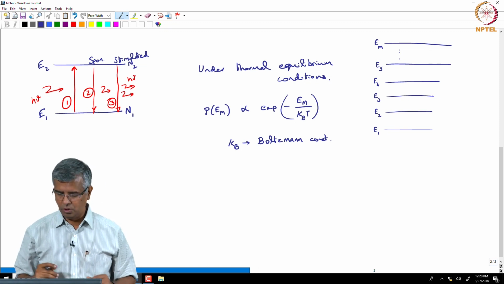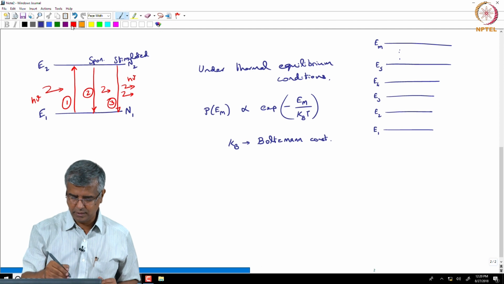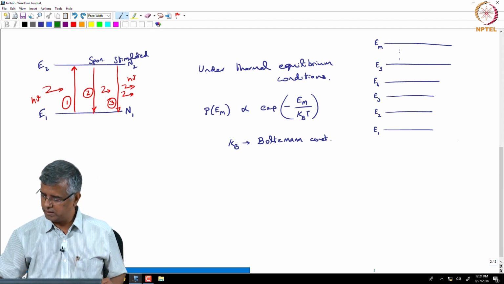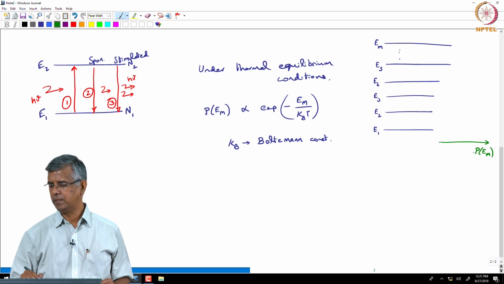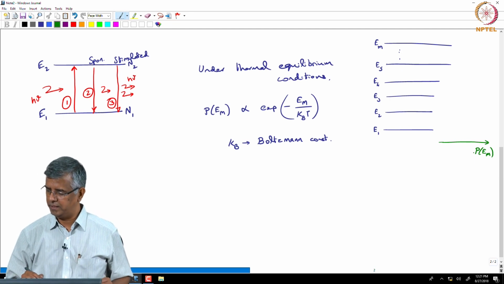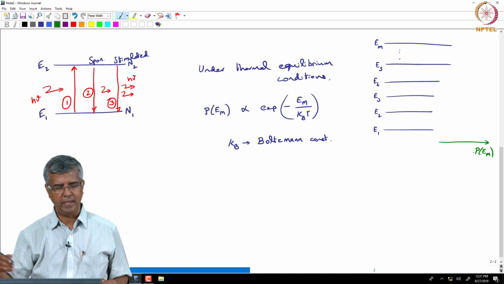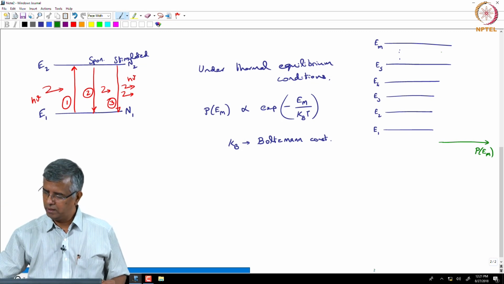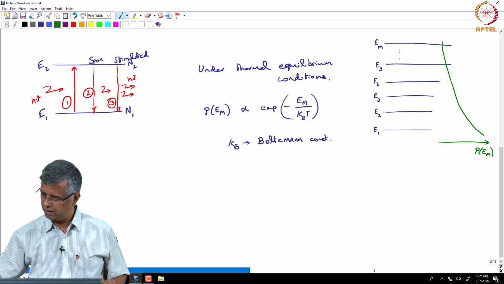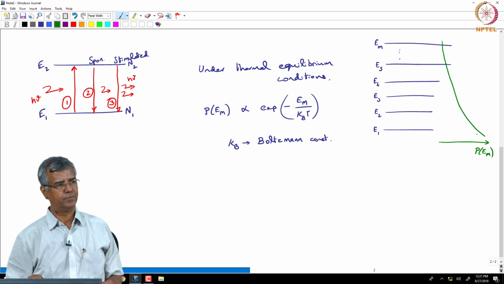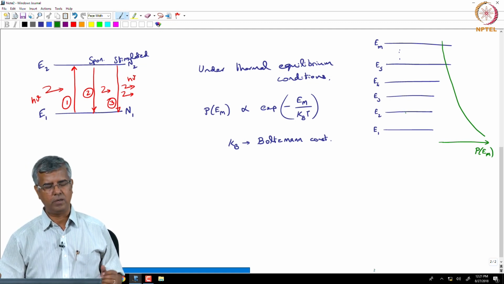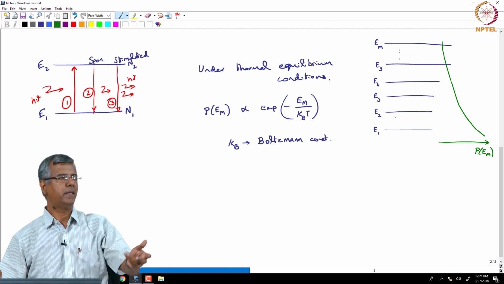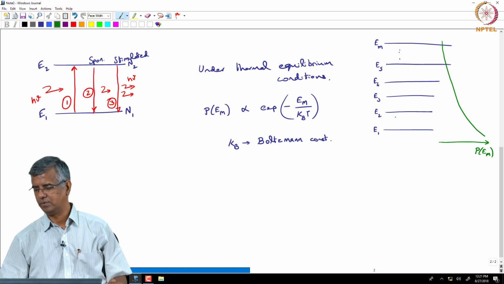And so we can draw that here. What it says is if I am plotting the probability of finding an electron at an energy level Em, where m could be anything from 1 to whatever, that probability will be an exponential. So, you have probability being higher for lower energy levels than higher energy levels.